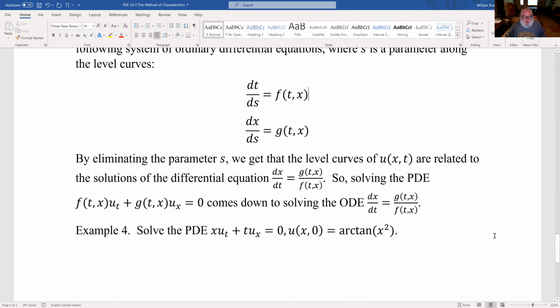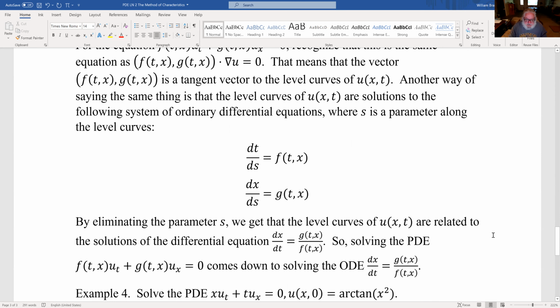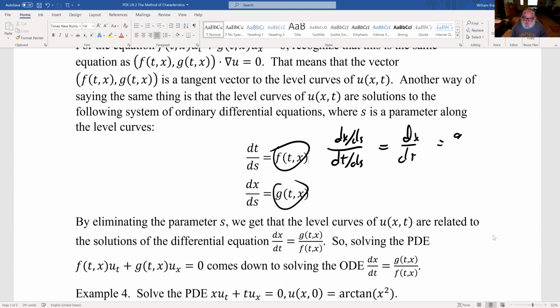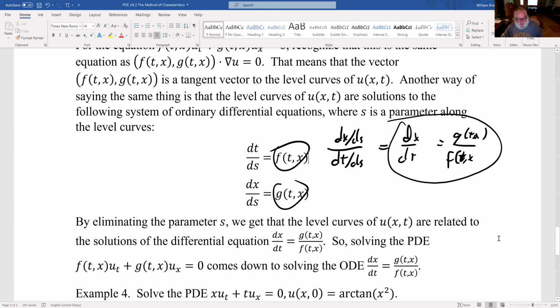So if you eliminate the parameter s, dx/ds over dt/ds equals dx/dt, and that's this divided by that, g over f. And so that's a differential equation that you should be able to solve.